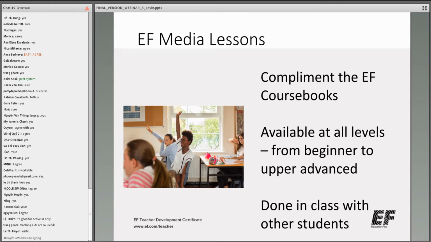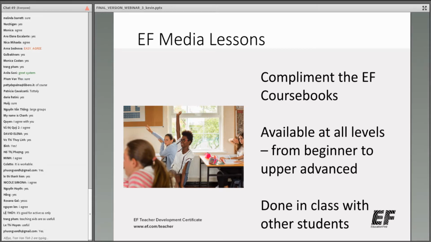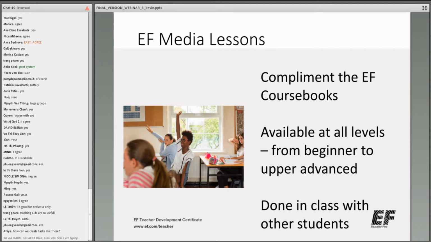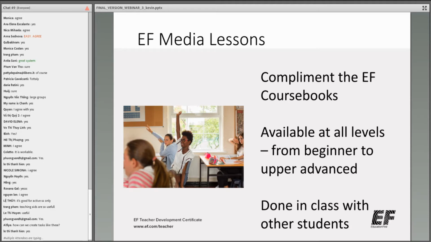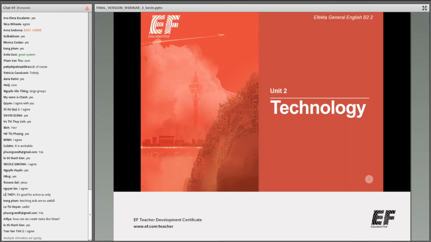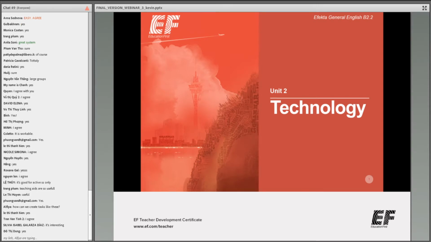So these EF media lessons complement the EF course books. The students in our school get course books that they use in the classroom. And these course books are available at all the different levels. So from beginner to advanced. The EF media lessons complement these course books, as you will see in the next slide. So over here, I've taken an example from the topic on technology.